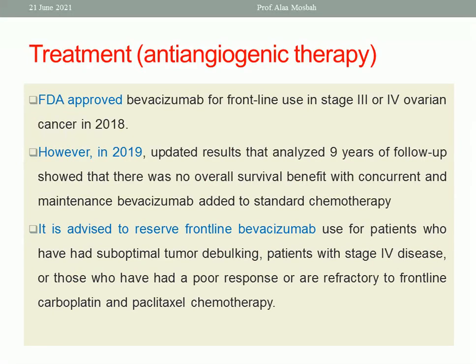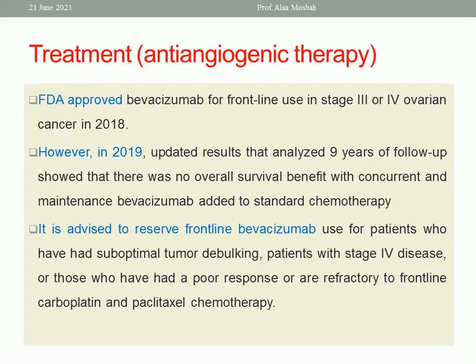Another line of treatment is the use of anti-angiogenic therapy. Actually, bevacizumab was approved by FDA in 2018 as a frontline treatment in stage 3 and 4 ovarian cancer.